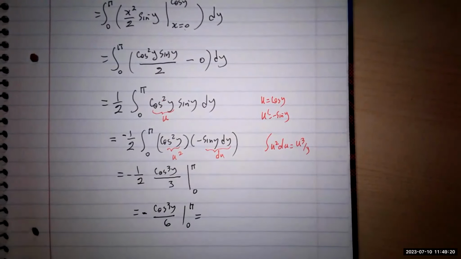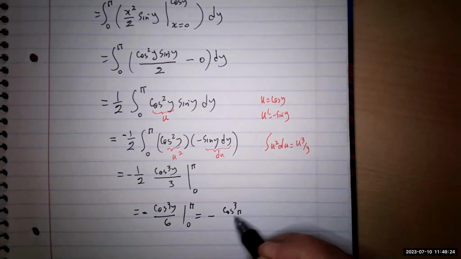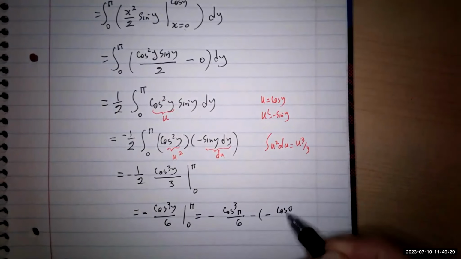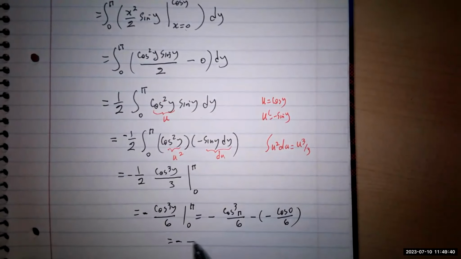Substitute. So it's going to be negative cosine cubed of pi over 6 minus negative cosine cubed of 0 over 6. Cosine of pi is negative 1, cosine of 0 is 1. So that gives you negative 1 cubed over 6, plus, this is going to be 1, so plus 1/6.